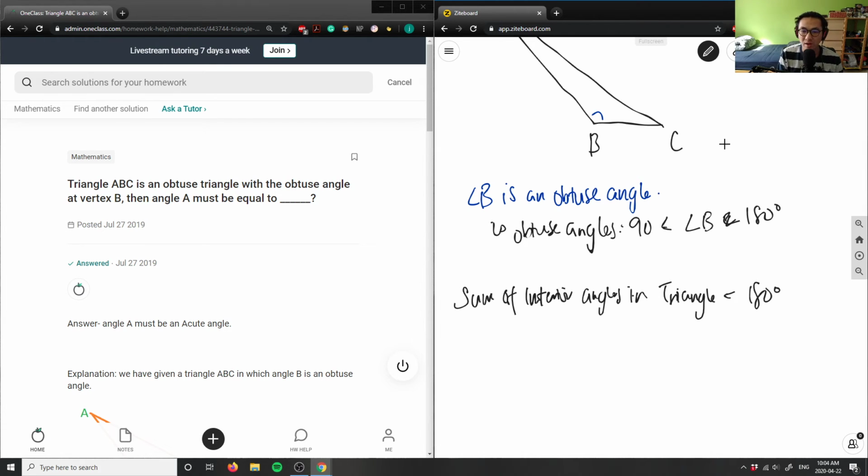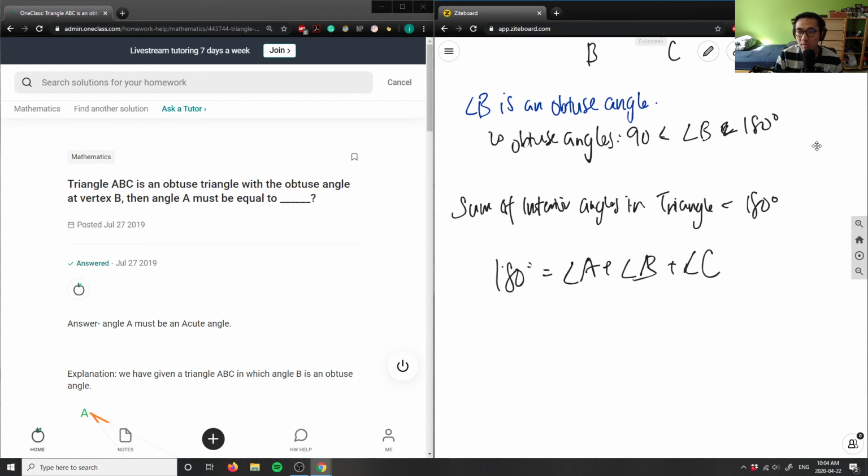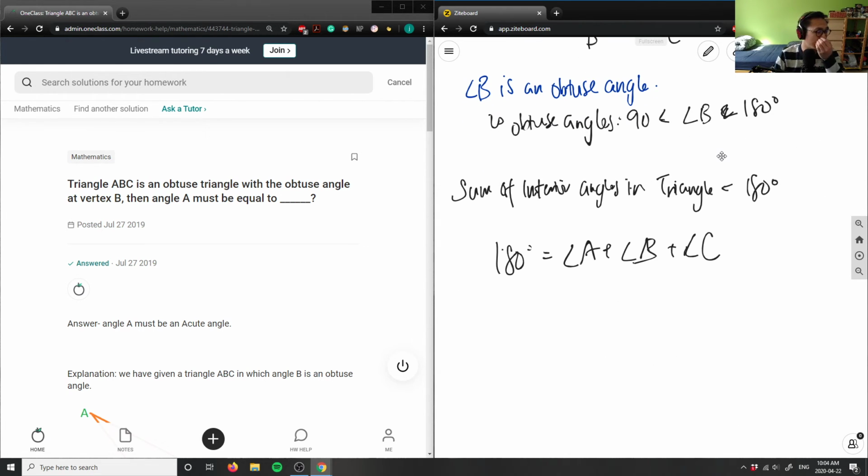So 180 degrees equals angle A plus angle B plus angle C. This is our formula here. Let me algebraically move angle B to the other side: 180 degrees minus angle B equals angle A plus angle C.